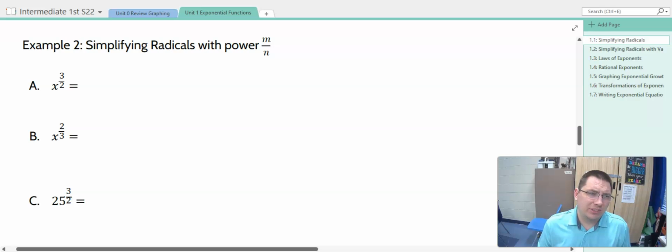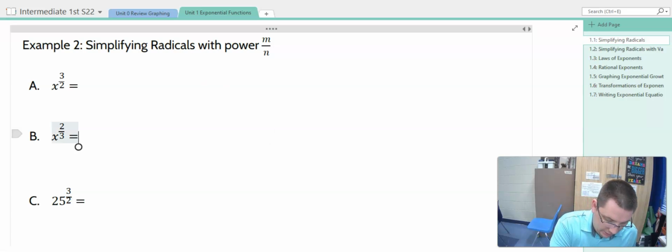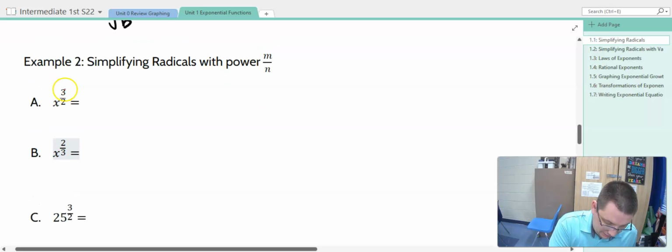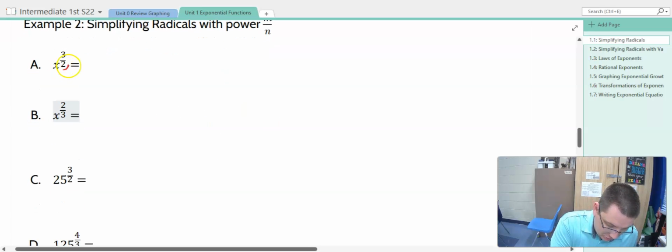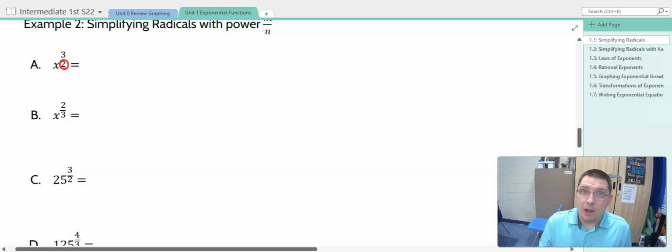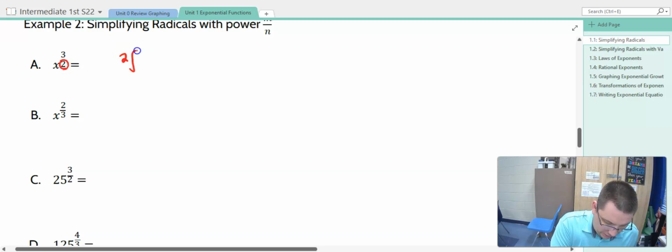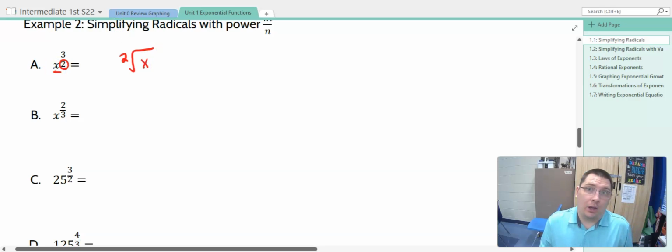Well, again, if I'm just dealing with a variable x to the 3/2 power, each piece is going to go its separate way. And so the 2 is the denominator, and so that's going to be our index. And so we're going to have the square root. X is what we're taking the root of. We call that the radicand.